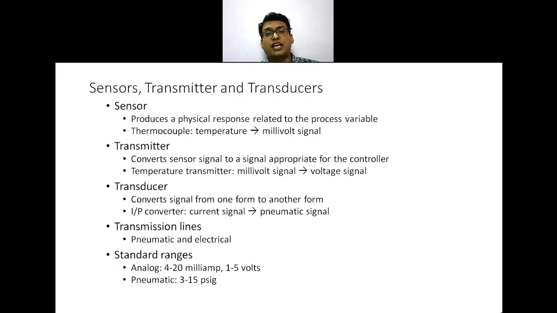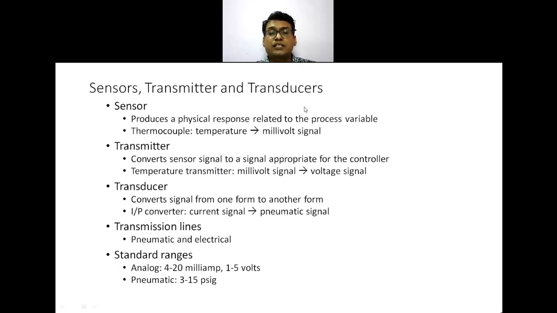We convert the sensor signal to a signal appropriate for the controller. Generally, the temperature sensor signal is a millivolt signal. So either in terms of current or voltage, the transmitter provides the signal. Thermocouple provides the signal in terms of a millivolt.